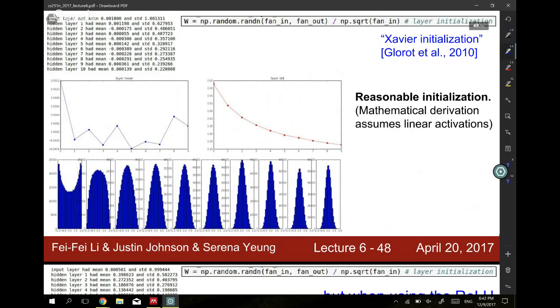Basically, the more input data a neuron has, the smaller the variance of the initialized weights that neuron will possess. That's why in the equation here, the weight is divided by the number of inputs, because it is disproportionate to the number of inputs.